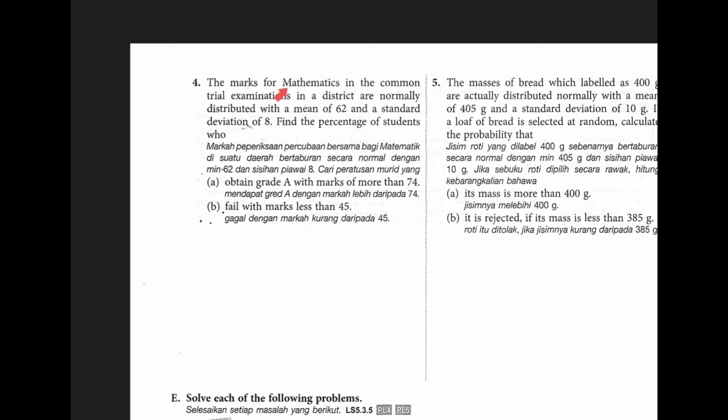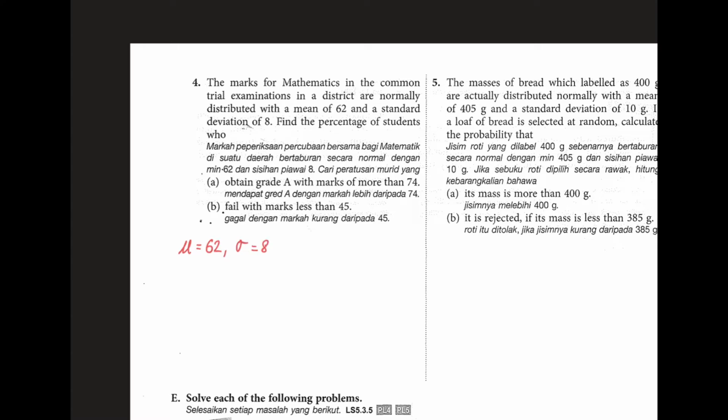The marks for mathematics in the common trial examination in a district are normally distributed with a mean of 62 and a standard deviation of 8. These two pieces of information are important, so we write it down in this way: mu is 62, the standard deviation is 8.